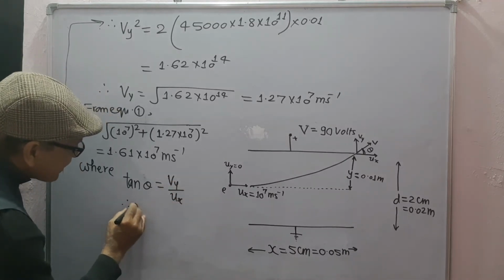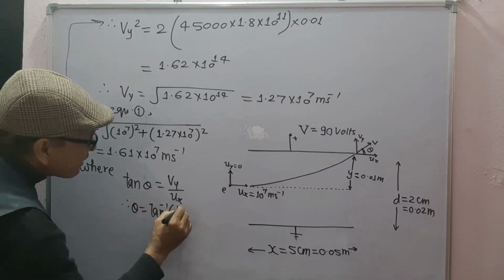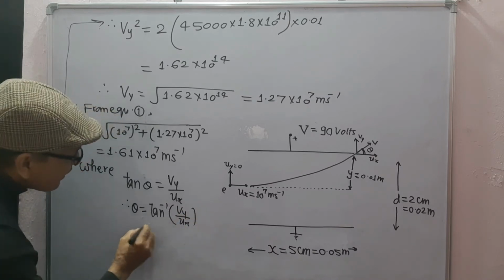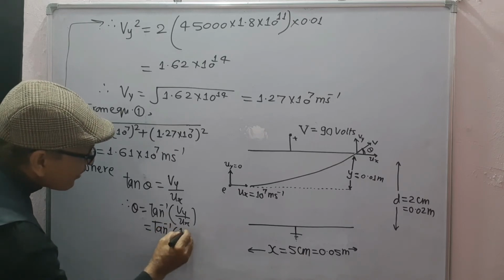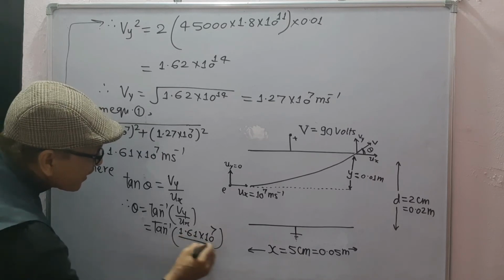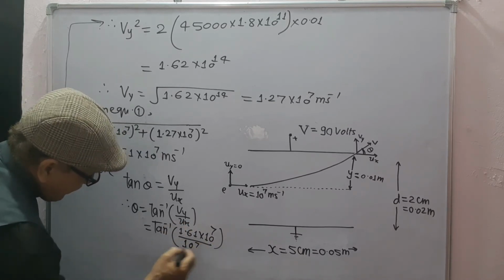Therefore, theta will be equal to tan inverse of v_y upon u_x. The values are known: tan inverse of 1.27 into 10 to the power 7 upon 10 to the power 7.